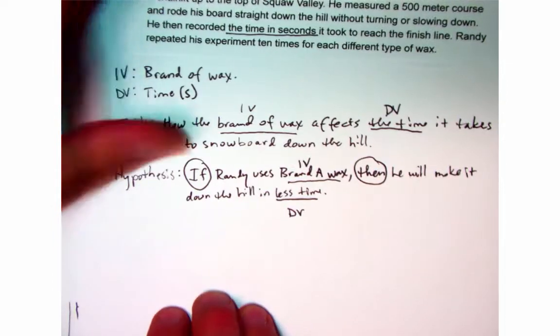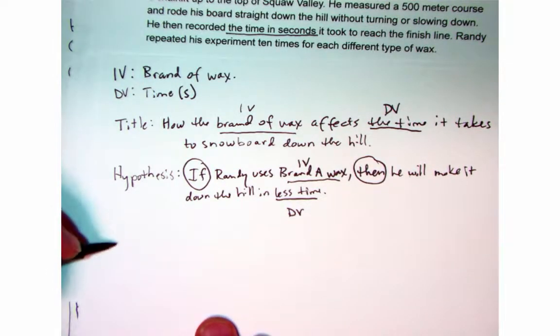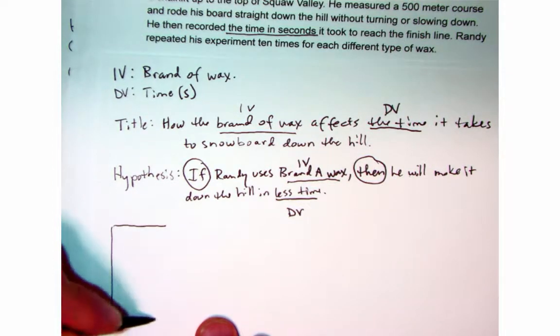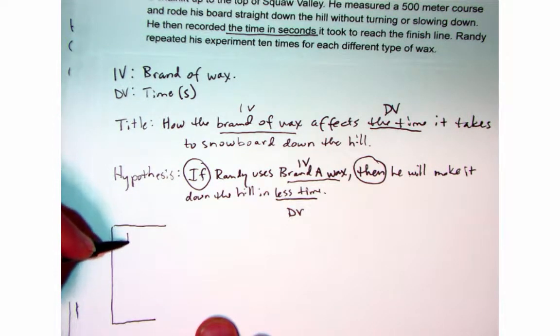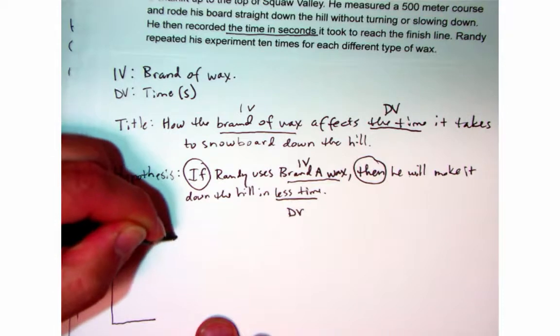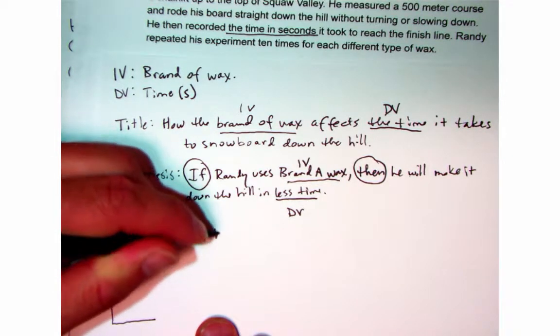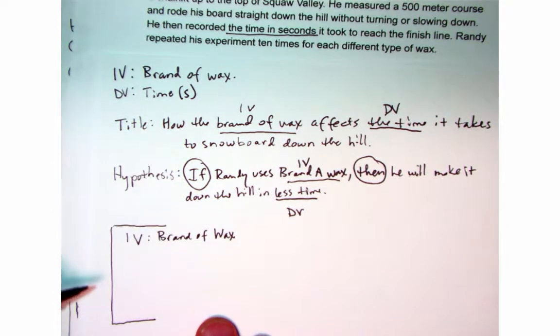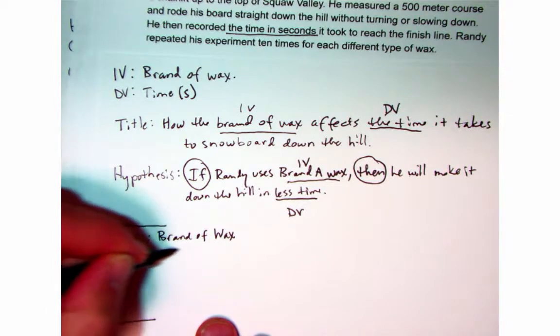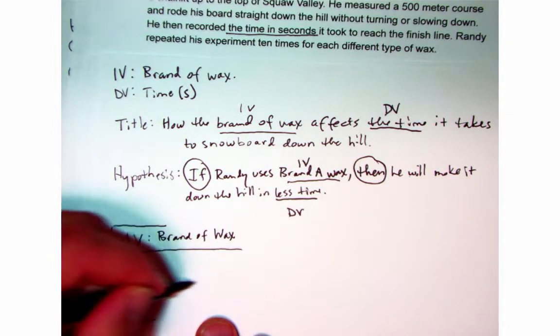Now, the next part of this, we want to make our table. So, like I said before, our table should have 3 rows. One where we state our independent variable, which we already said was the brand of wax. Our second row will include the level of variable.